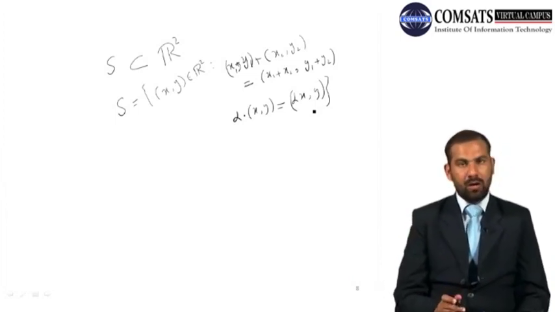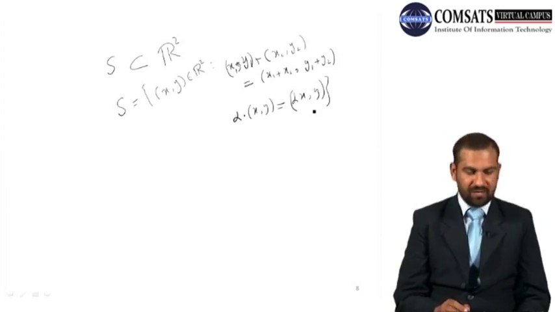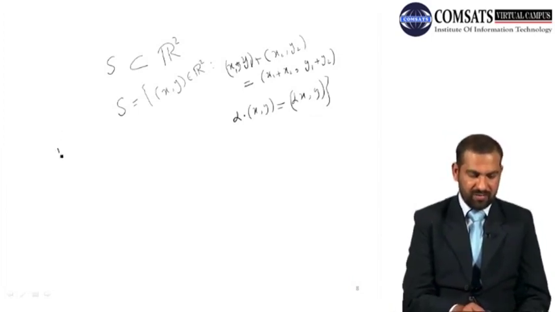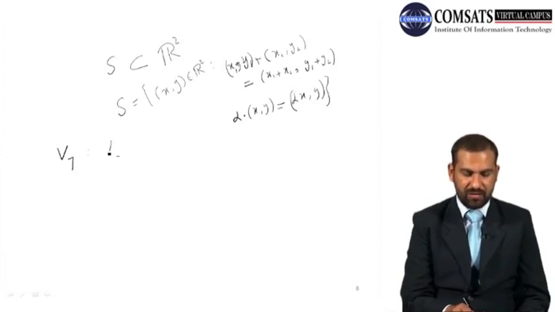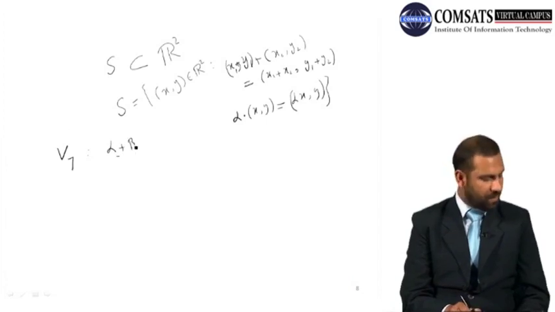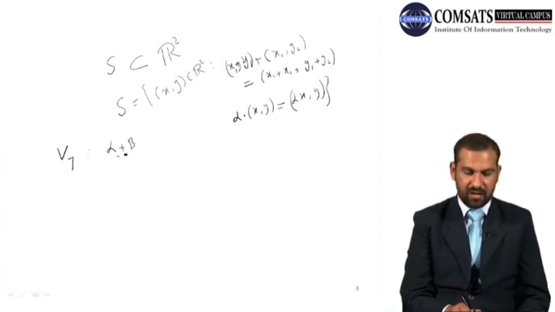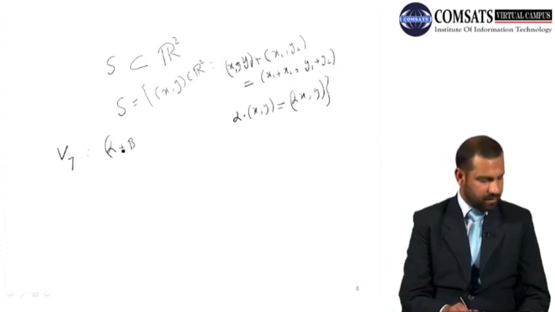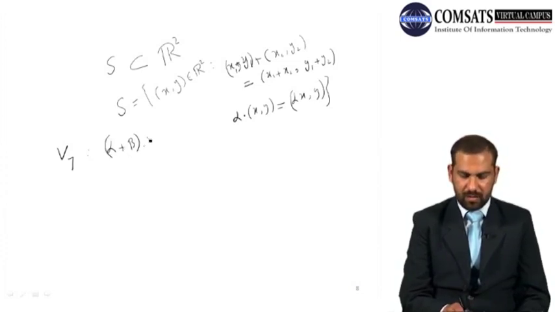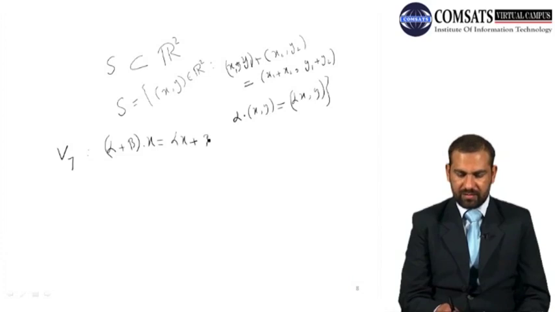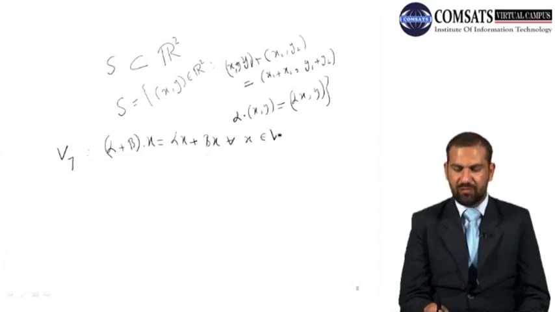So what about V7? Note the V7 property which we already defined: for any two scalars alpha and beta, (alpha plus beta) times x must equal alpha x plus beta x for all x belonging to the set V, where V is a vector space.